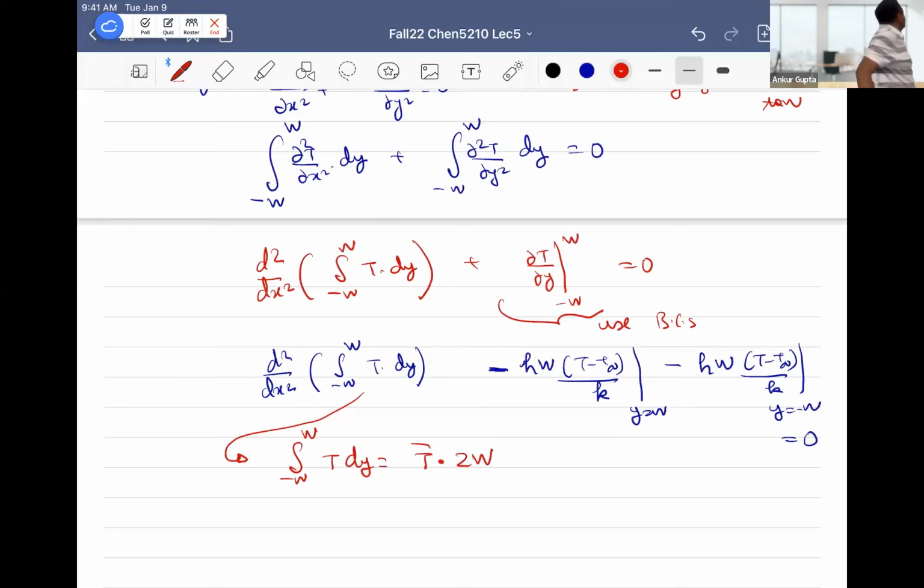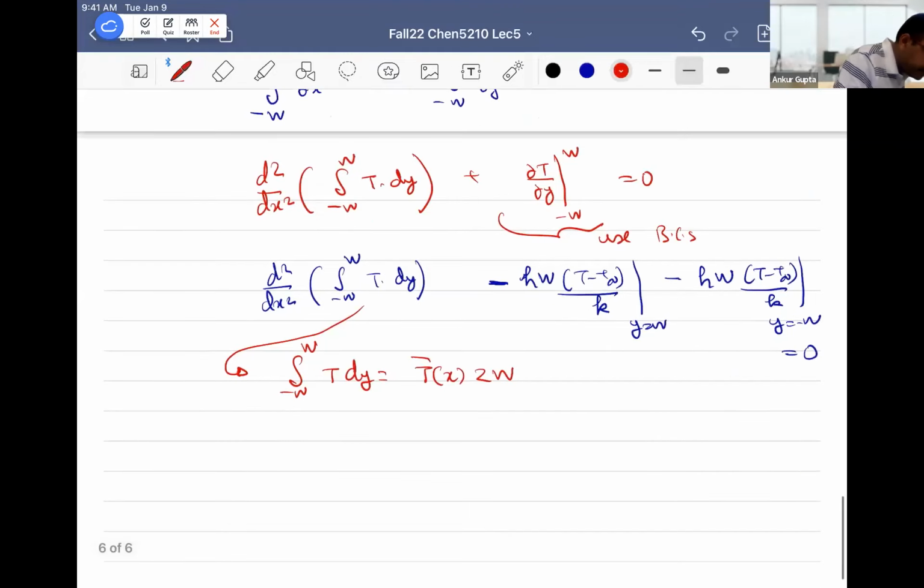I'll argue this is the average temperature, a function of x, times 2w, because I'm not interested in the y direction. So finally, this becomes 2w d square T bar by dx square minus hw (T minus T infinity) by k at y equals w.